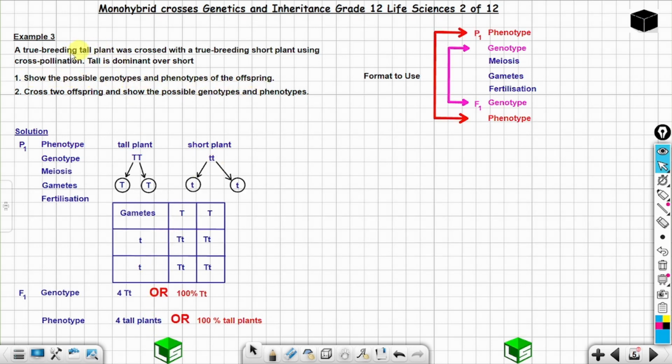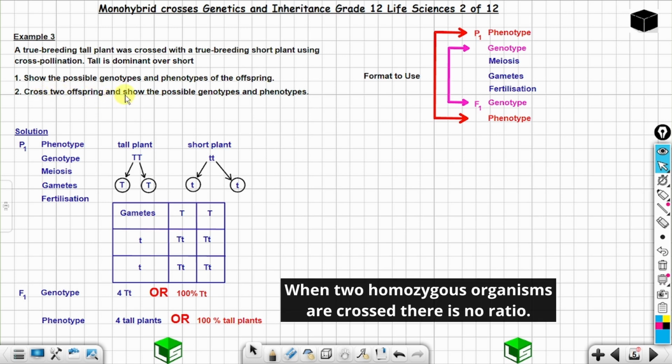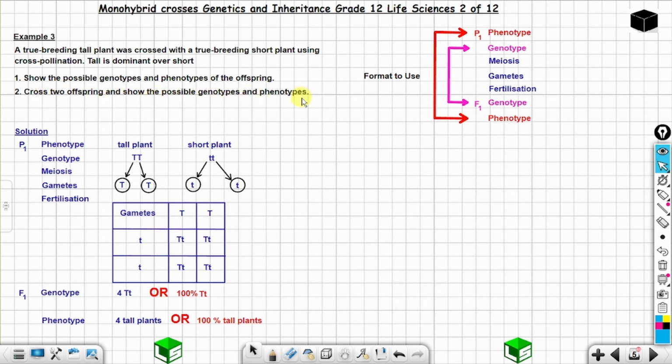After crossing a homozygous tall plant and a homozygous short plant, now you have the offspring. Now you are going to take two offspring, you cross them, and show the possible genotypes and phenotypes. So you are going to take your offspring. Now your offspring are going to be your parent.